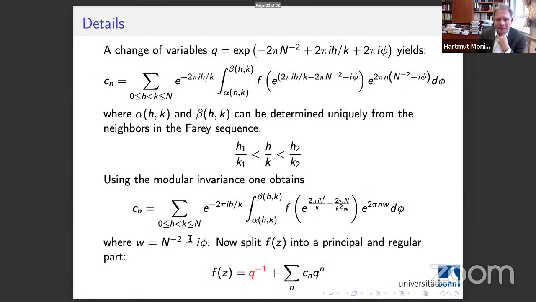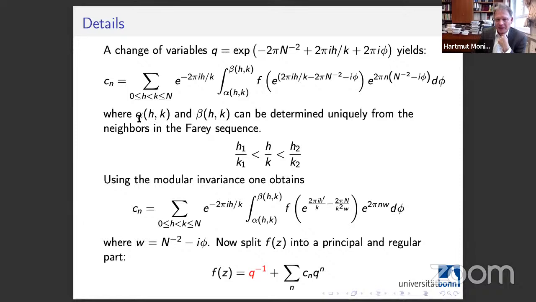Now, why is that useful? You can convert this Fourier integral into a sum, and you can simplify that integral by understanding that your Fourier coefficient is dominated by the contribution of your function at 1 over q, by the cusp at infinity.